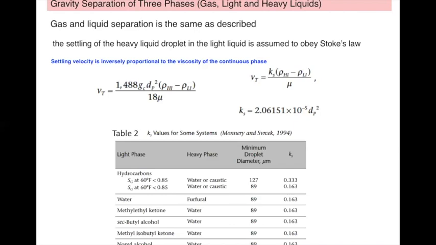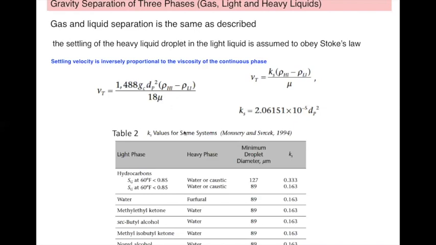So in that case, if you want to find out the settling velocity of the lighter liquid, the mu would be the viscosity of the heavier liquid, right? So you have to remember that the lighter liquid will separate out from the heavier liquid, and the heavier liquid or heavier particle will separate out from the lighter part. So in this way, the separation will go on.